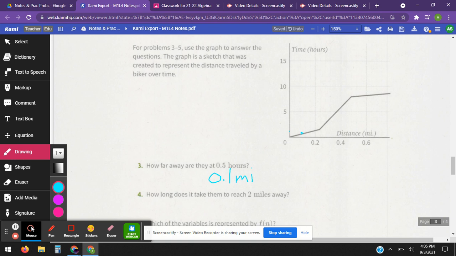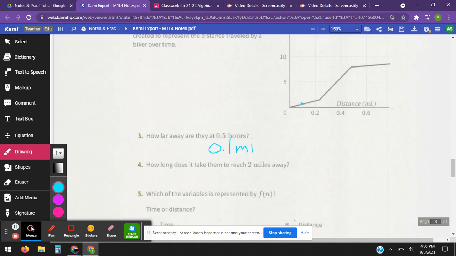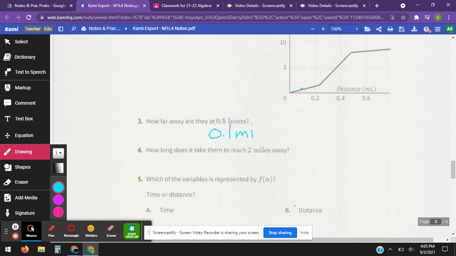Okay. Next one. How long does it take them to reach 2 miles away? So, that doesn't even go to 2 miles. But I think they got these labels switched, because that does not work for us.